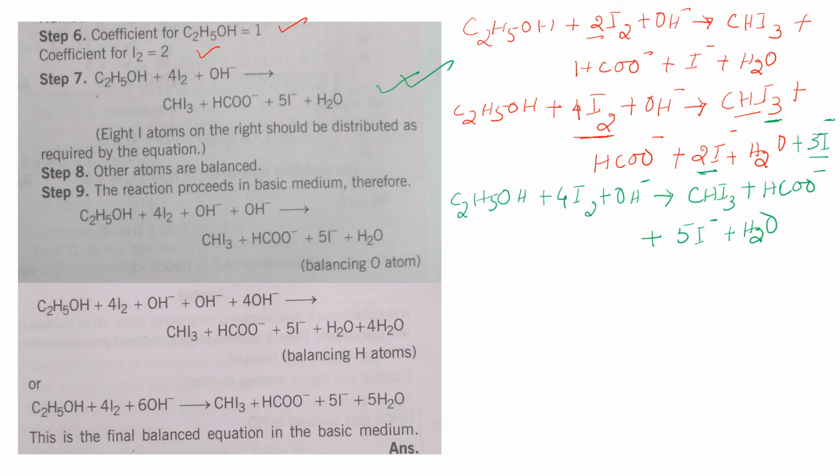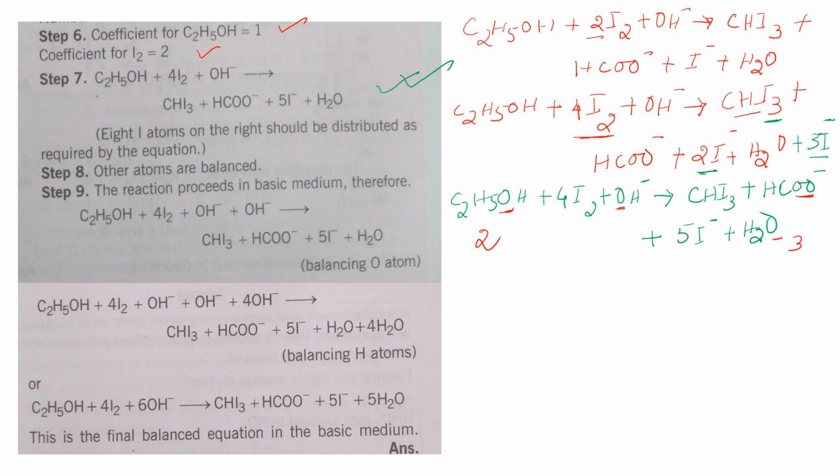On the left hand side, oxygen atoms are 1 and 2, so we have 2 oxygen atoms. And on the right hand side we have 2 and 1, 3. So that means the left hand side is deficient by 1 oxygen atom. So I have to add 1 OH minus on the left hand side.